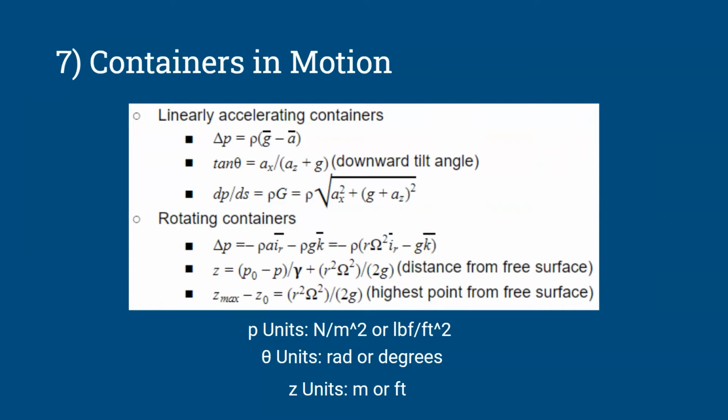And to find the distance from a free surface, it would be Z, which would be the initial pressure minus the final pressure over the specific weight plus the radius squared times omega squared all over 2G. To find the highest point from a free surface would be Z max, and typically Z naught is negligible. And so that would equal radius squared times omega squared all over 2G. And there at the bottom, we have the units for those.